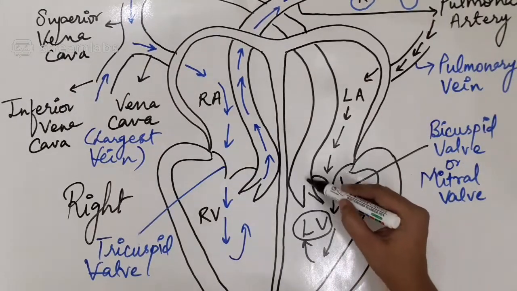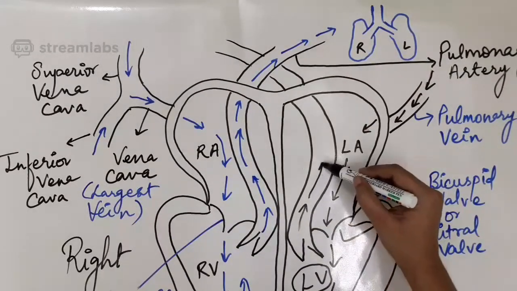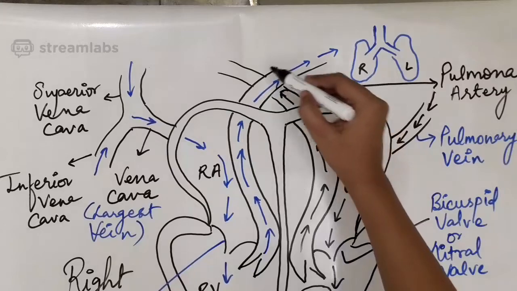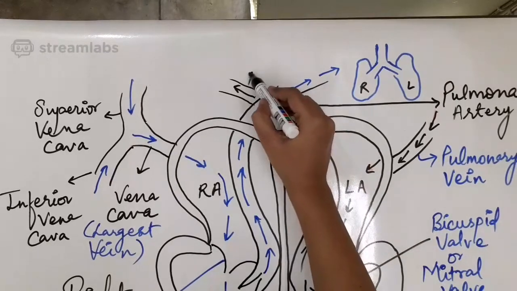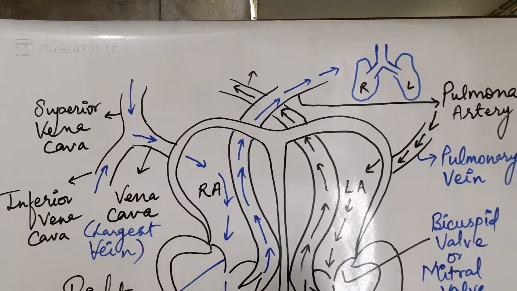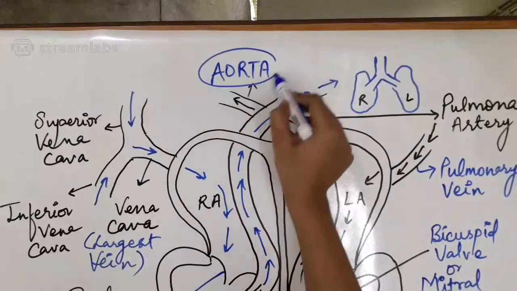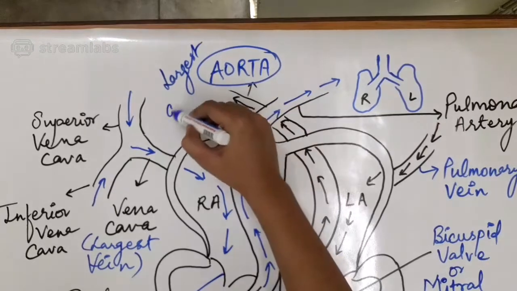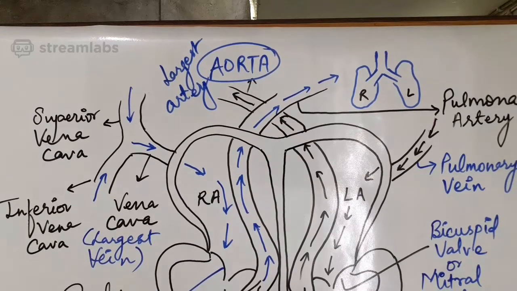This pure blood goes away from the heart through the blood vessel that is also the largest artery, termed the aorta. The aorta carries pure blood from the heart to different organs of the body.